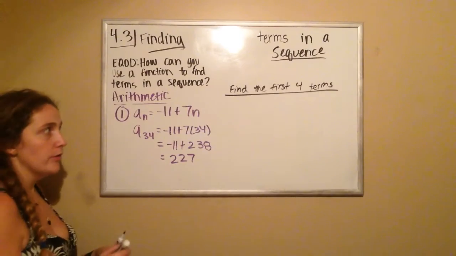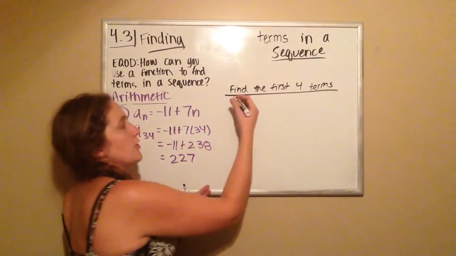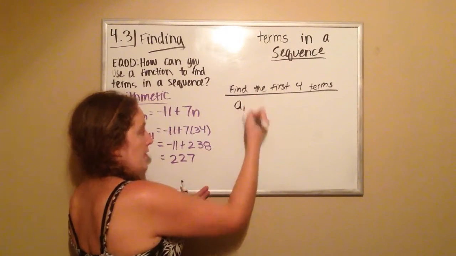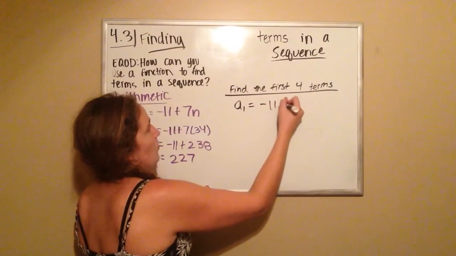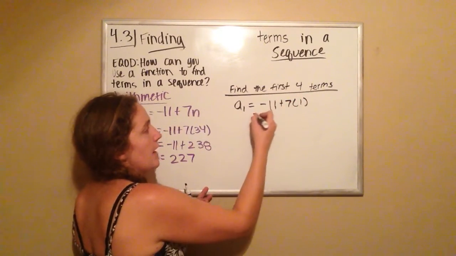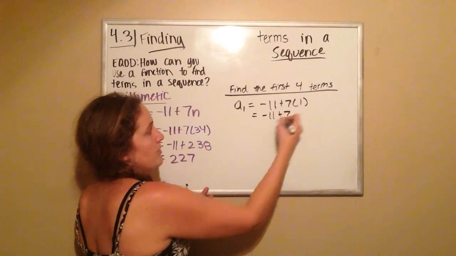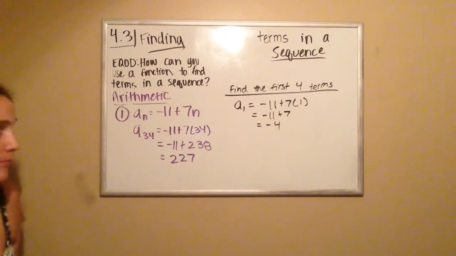Well, the first 4 is just the first one, the second one, the third one, and the fourth one. So let's find the first term. That would be a of 1, right? It's the first term. And let's plug a 1 in for n. Okay, when we do that, negative 11 plus 7, which gives us negative 4. That's our first term.